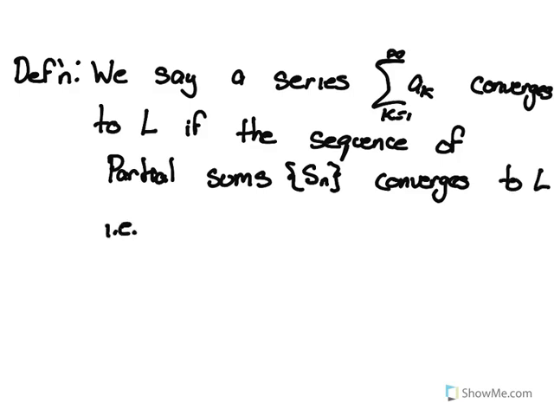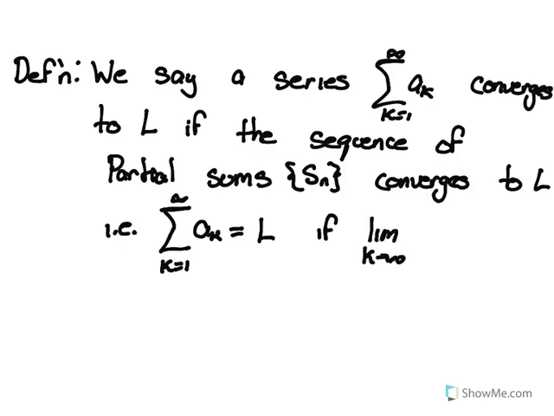So in other words, the sum from k equals 1 to infinity of a_k is equal to L if the limit as n goes to infinity of S_n is equal to L. And the limit as n goes to infinity of S_n is just the limit of a sequence.